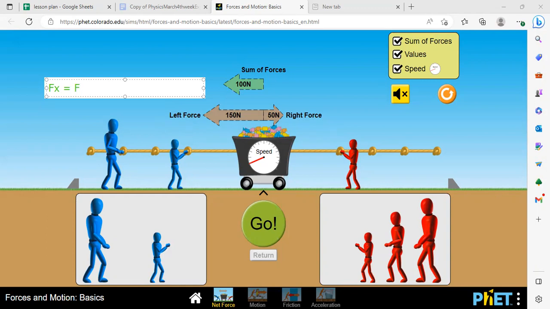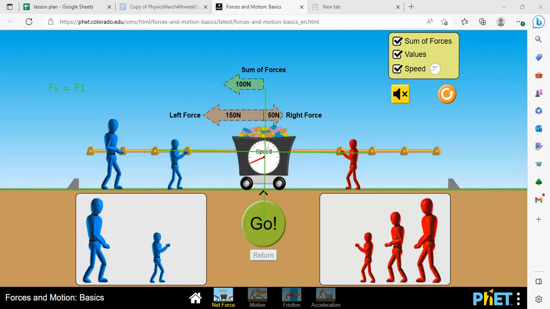So let's label that F1. So itong force, again, mag-free body diagram tayo. So let's treat this cart as a point. So, nandun siya sa center. Lahat ng forces will be acting on this point.